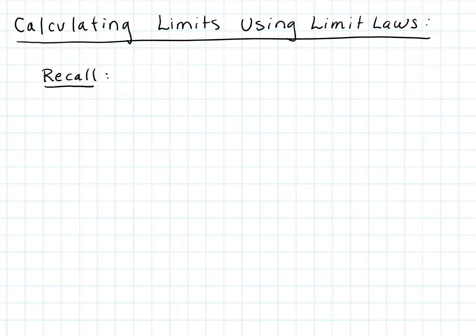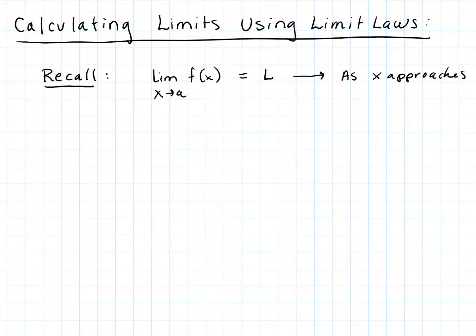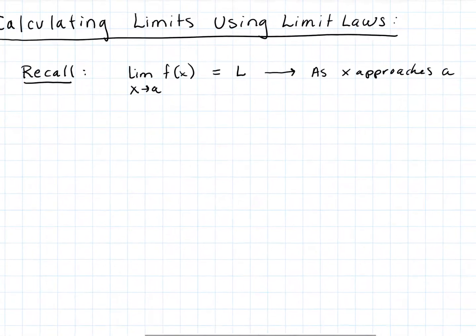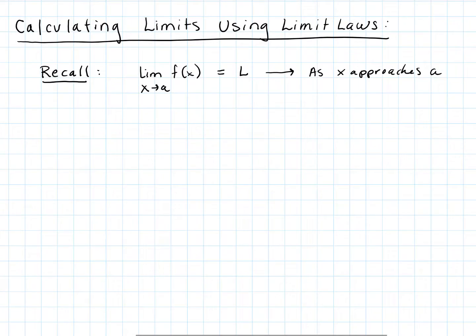So right now, we've introduced the notation. We've talked about for a function to have a limit, the limit of a function as x approaches a is equal to some value L. What does that mean? That means that as x approaches a, now I will say this, there's no direction given here.